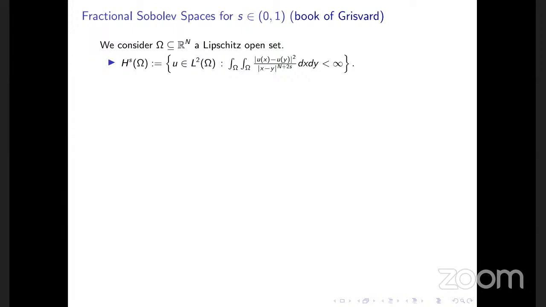But if s is restricted between 0 and 1, it's simpler to use the Gagliardo seminorm, because these seminorms will allow us to see the operator under consideration.